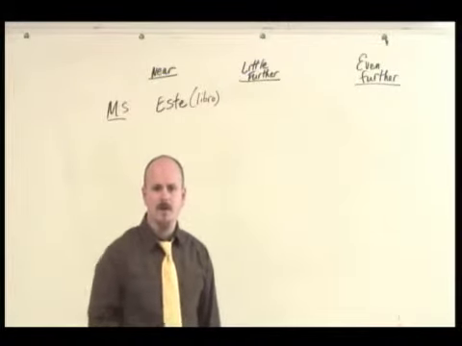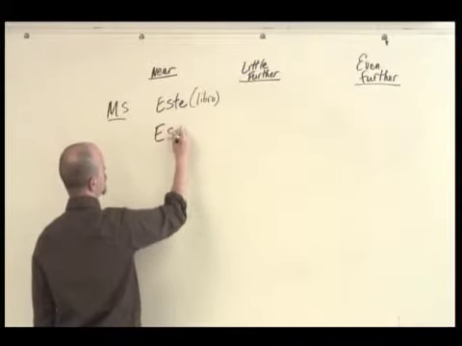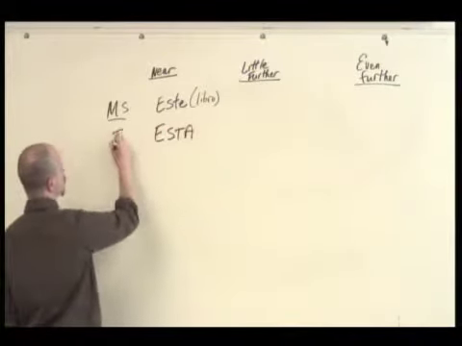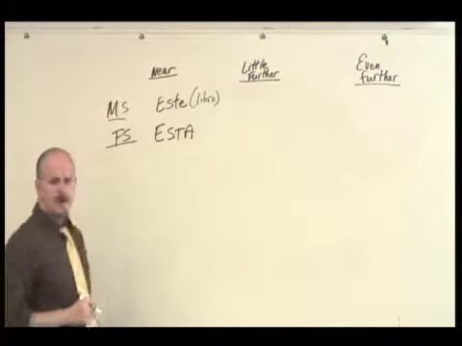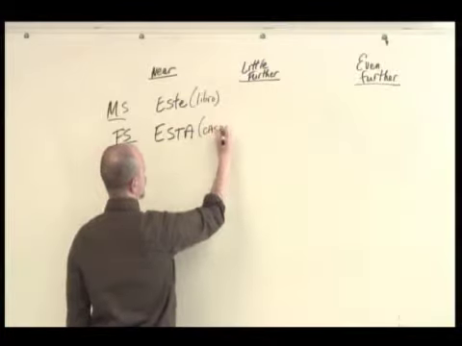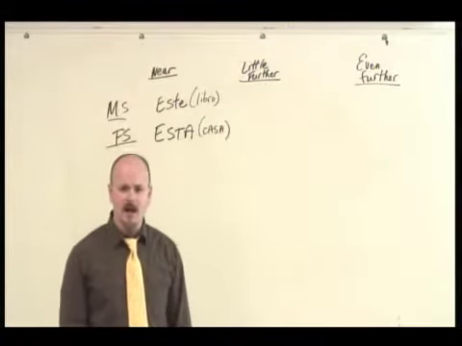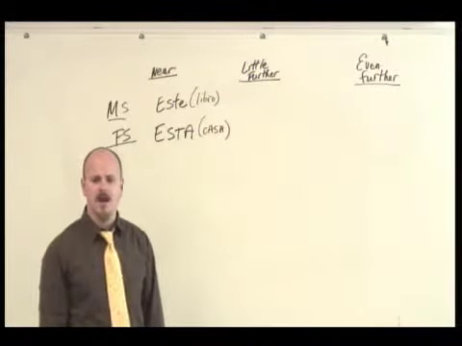Este libro would mean this book. In the feminine singular, we would say esta. So if I'm speaking about a house, I could say esta casa, and it would mean this house.